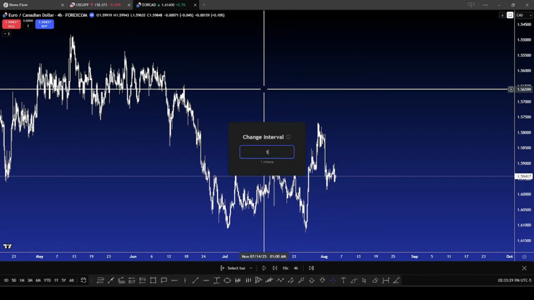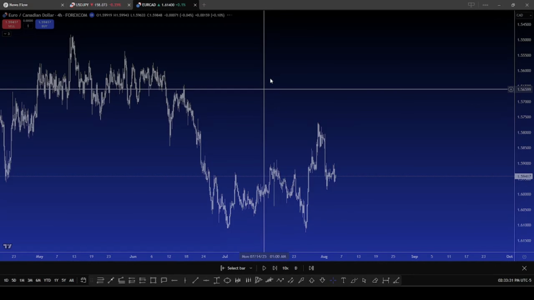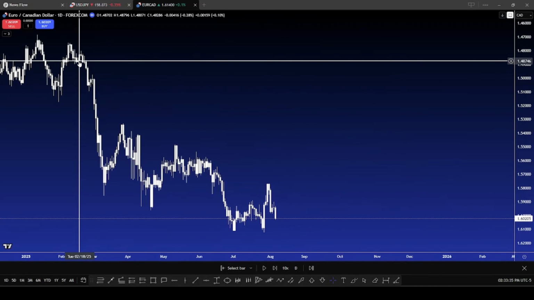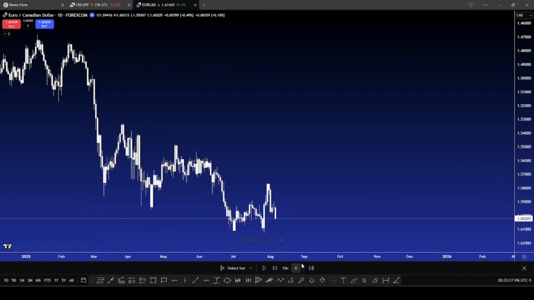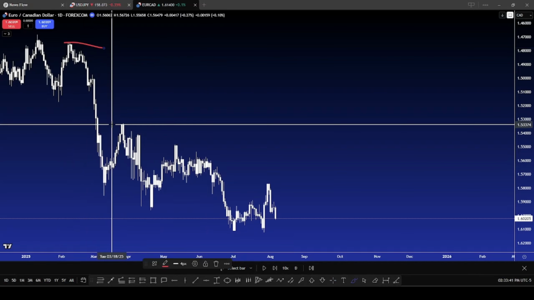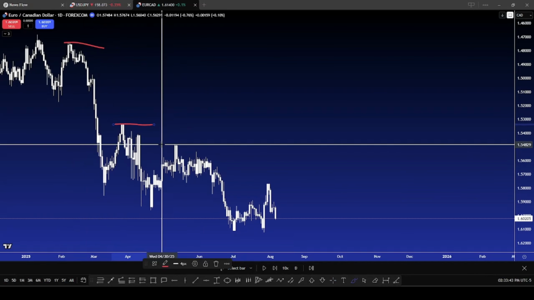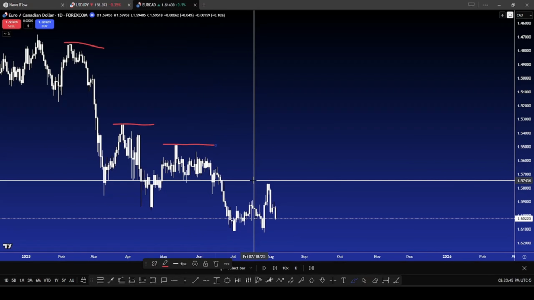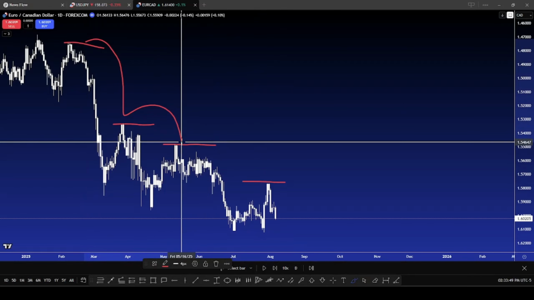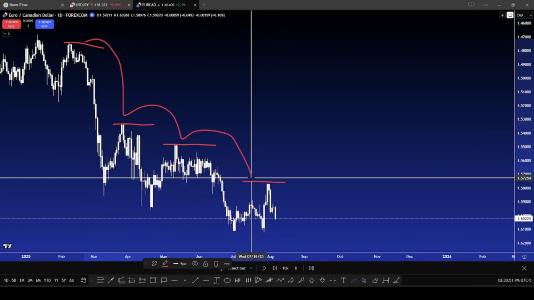I'm going to give it to you guys again from the top, where I'm realizing that we are in a downtrend. I can see this is a high point, the next high point is lower, the next is lower, the next is lower. So we are falling in price. Do you see that?